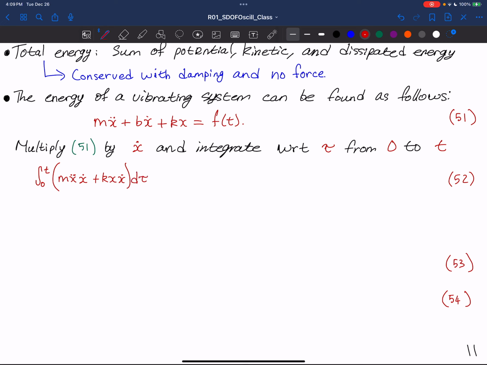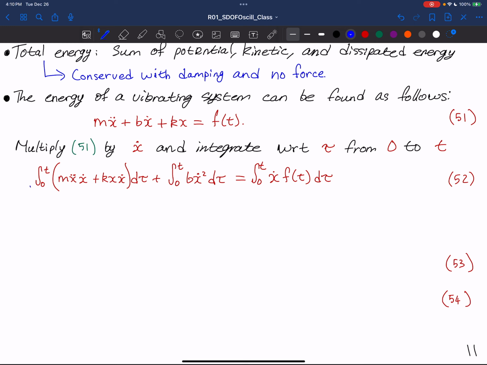And the reason I've grouped these two together will become apparent in a moment, is because this gives us the mechanical energy, plus the integral from 0 to t of b times x dot squared d tau. And that's our dissipated energy, and this is equal to the integral from 0 to t of x dot times f of t d tau. And that right there is the work done on the system.